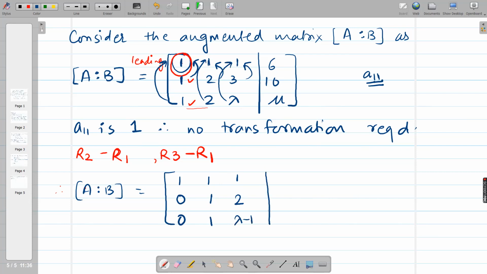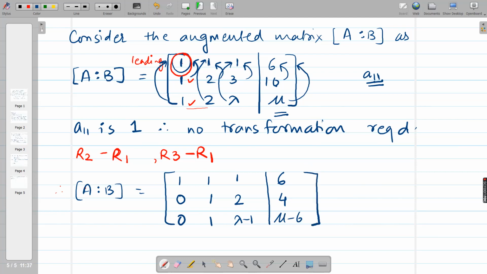The same operations I am supposed to perform on the matrix B as well. So it was R2 minus R1. So 10 minus 6 is 4. Sorry, the first row remains as it is, 6. And second row changes to 10 minus 6, that is 4. And the third row changes to mu minus 6.